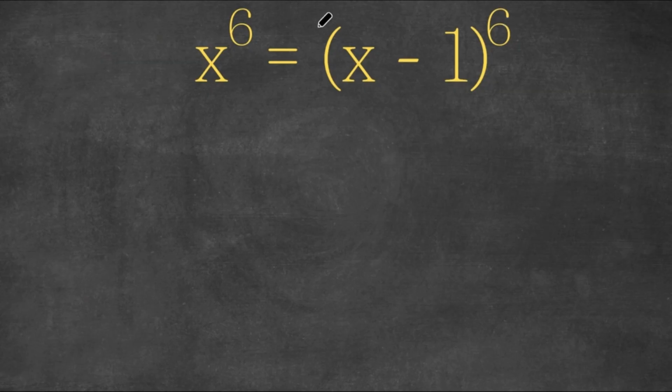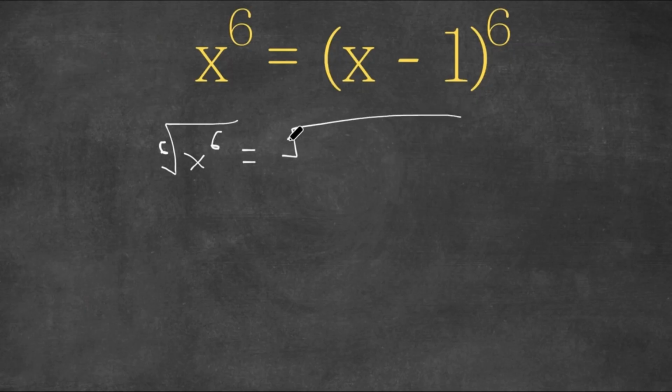So then we can make it much simpler. So x to the power of 6, we're going to do the sixth root, and this is going to equal the sixth root of x minus 1 to the power of 6.